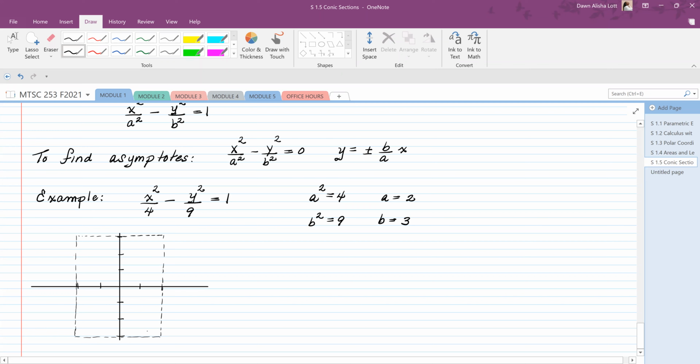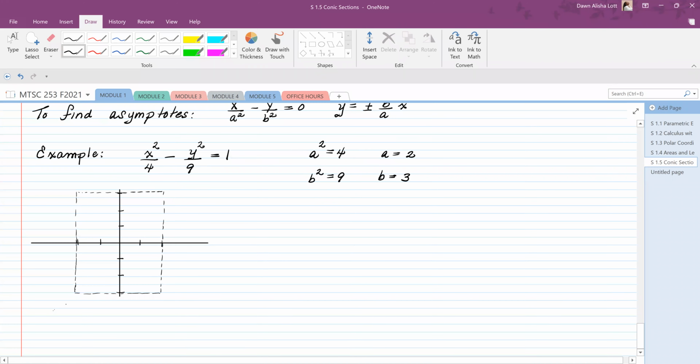Then your asymptotes go directly through the box. So your asymptotes go through like this. So there's your asymptote. Okay, so that's the quick and dirty stuff. Okay, so now what is the focus?